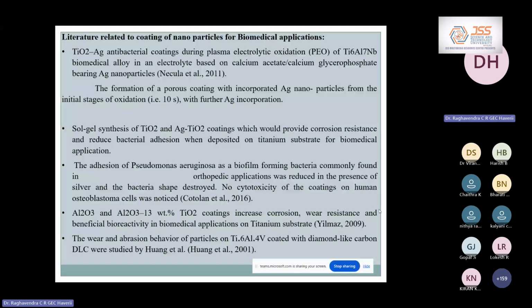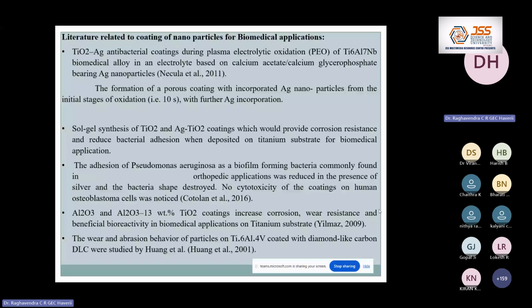The other one used sol-gel synthesis. Sol-gel is one of the coating techniques wherein they use titanium oxide and compared it with silver and titanium oxide coatings on different biomedical substrates.